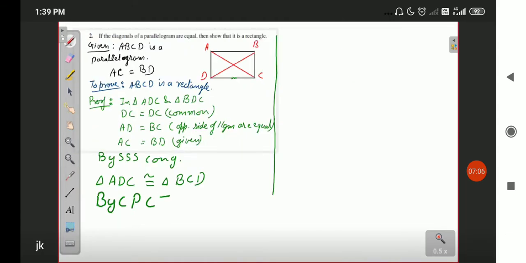Now by CPCT, that is corresponding parts of congruent triangles, you can say that angle D and angle C are equal. That means this angle and this angle are equal. Also, we let them be equal to x.